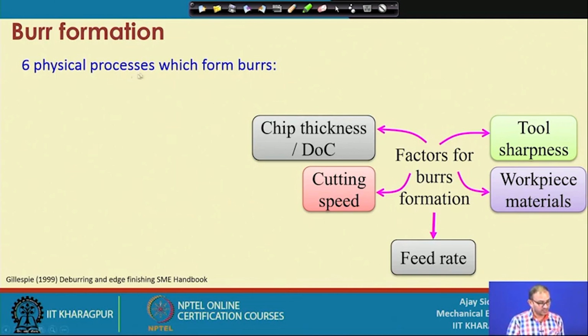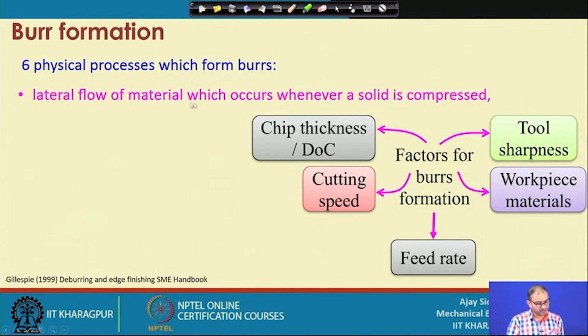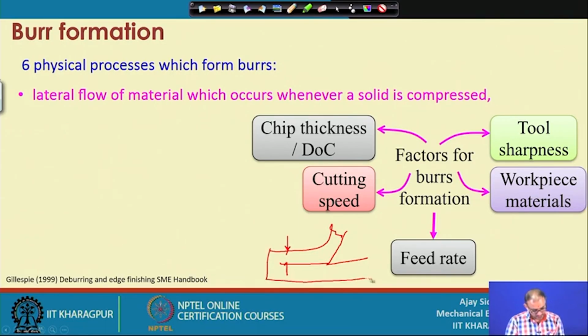So, what are the 6 physical processes which form the burr? One is the lateral flow of material, which occurs whenever a solid is compressed, because we know that we are plunging the tool into the workpiece material. So, what is happening because of that, whenever you are pushing into the workpiece, and this is our chip, this is our uncut chip thickness, and this is our workpiece, whatever we are machining out of it.